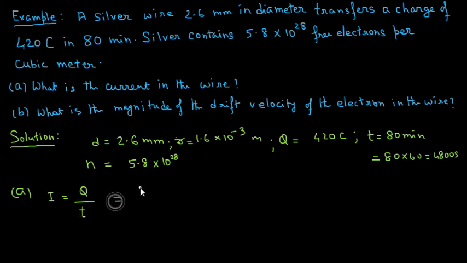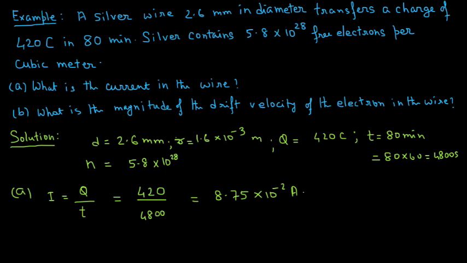So Q is 420 coulomb upon 4800 seconds, which is equal to 8.75 into 10 to the power minus 2 ampere.